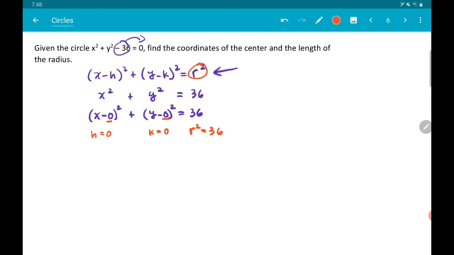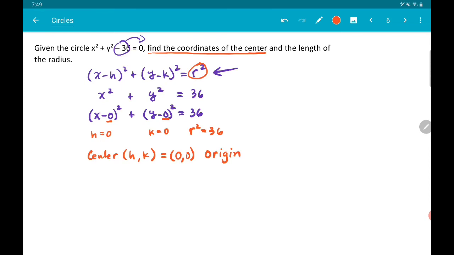Now we can answer what we are being asked. Find the coordinates of the center. The center is h comma k, which is equal to 0 comma 0, or the origin. That's our center.